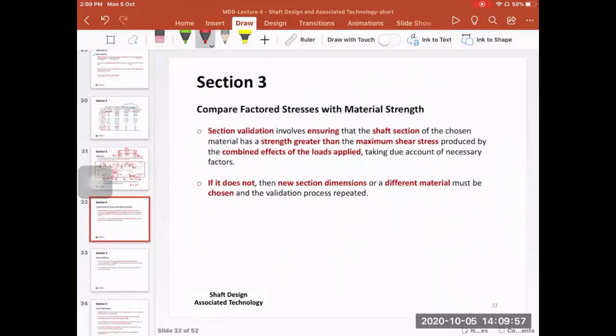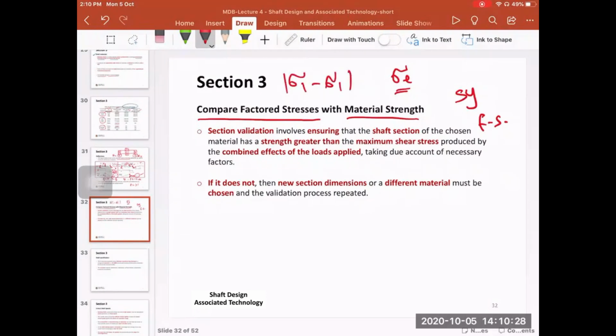Okay, compare your factored stresses with the material strength. Normally we have done this implicitly in the previous steps, because we've considered the strength of the material, we've considered the factor of safety, and we've compared the stresses that we've calculated, including sigma E, for example, in the von Mises theory, or the absolute value of sigma 1 minus sigma 2 for the MSST.